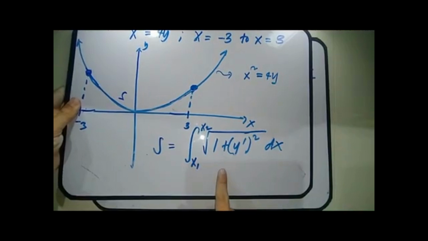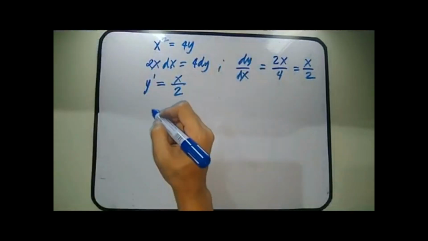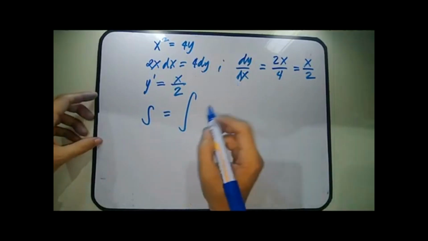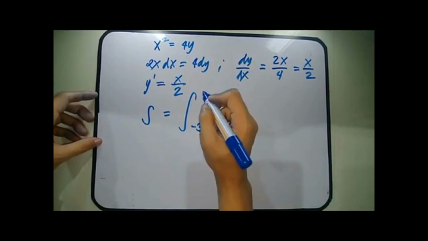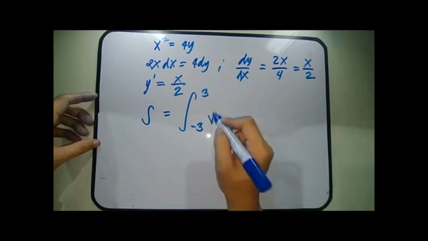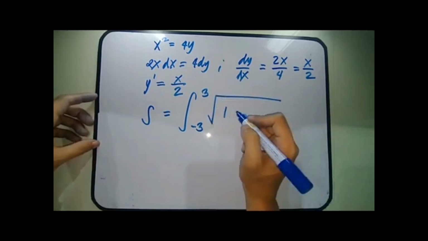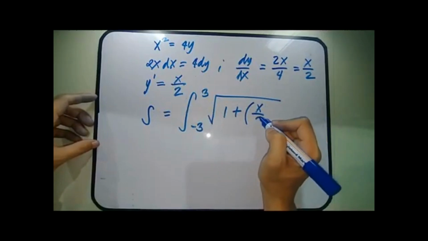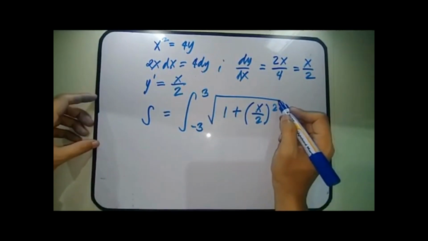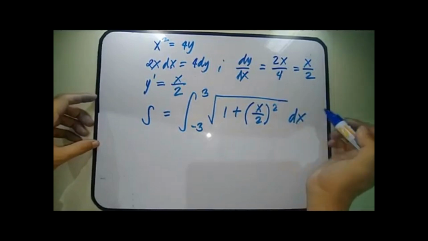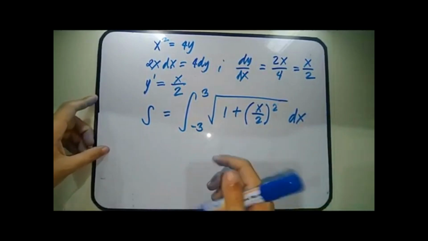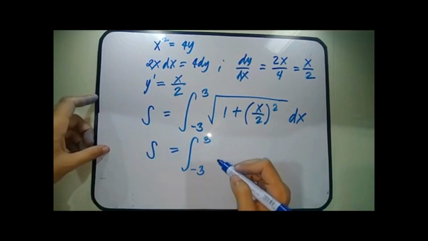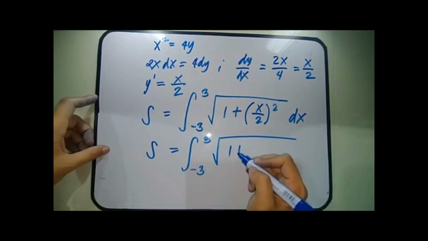So going back to our formula here, we just substitute all those elements. So the arc length S is equal to the integral from -3 to 3 of the square root of 1 plus y prime, which is x over 2, that is squared, differential of x. So just simplify this. We have S is equal to the integral of the square root of 1 plus x over 2 quantity squared from -3 to 3.